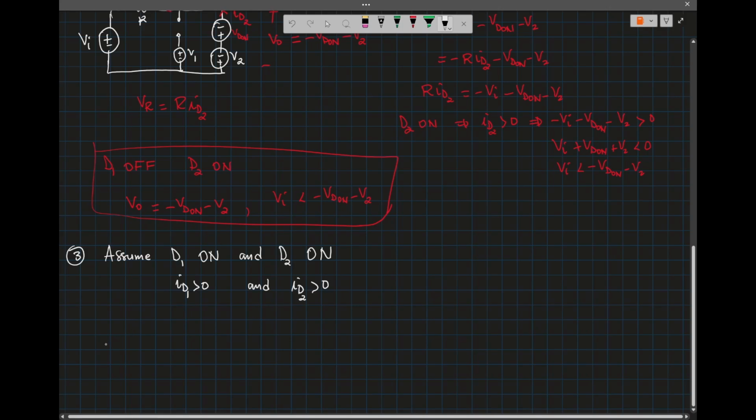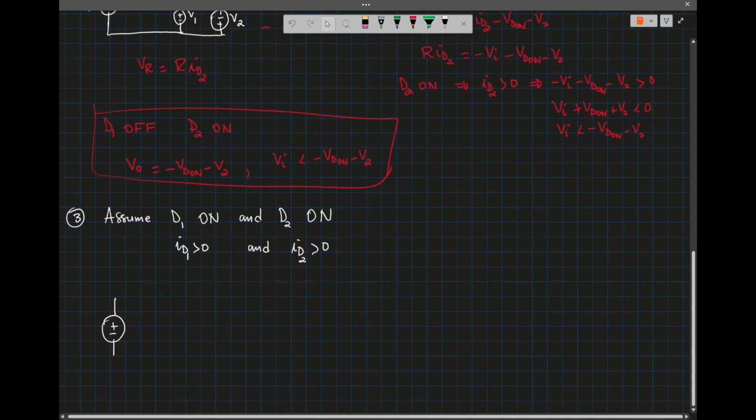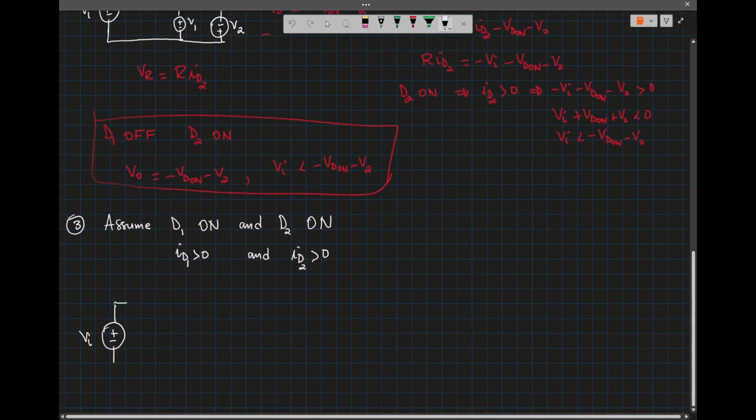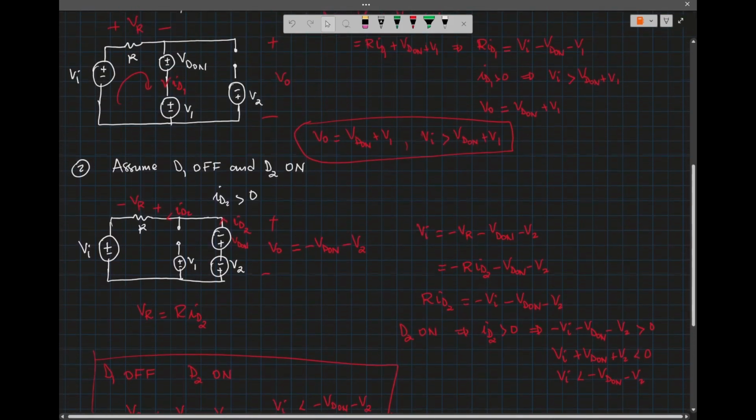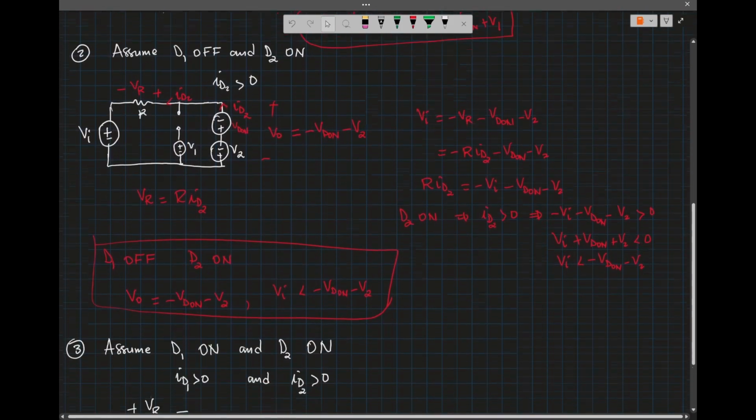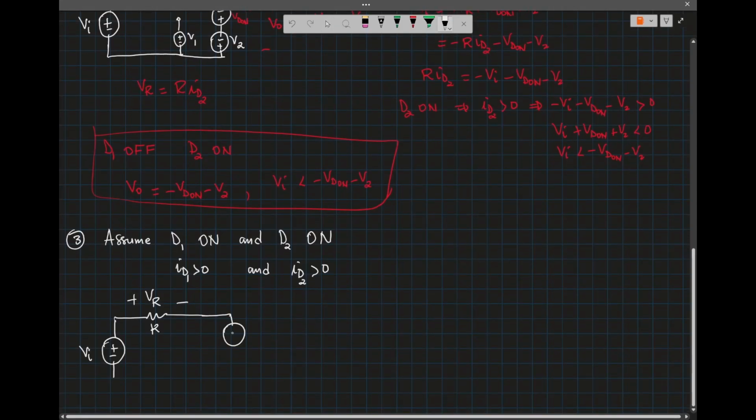Now let's draw our network. So we have Vi, the resistor is still there, so I can put the polarity of V like this. Then diode 1 is plus minus, so VD on, plus minus the bias voltage V1.